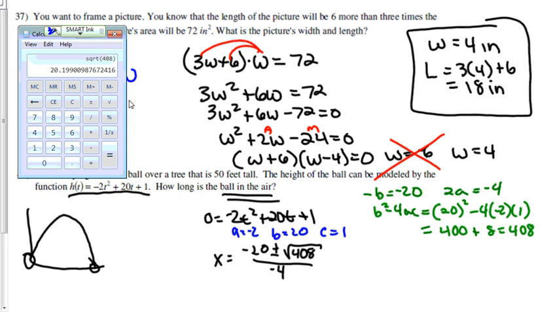20.20. So really we have negative 20 plus or minus 20.20 all over negative 4. And that is two answers, negative 20 plus 20.20 all over negative 4, and negative 20 minus 20.20 all over negative 4.